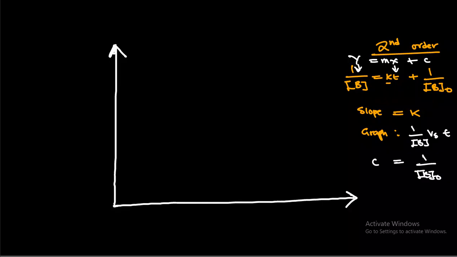So this information, you just say that since this is the y-axis, this is the x-axis. So in the x-axis, what are we going to have? We're going to have time in minutes. Then what are we going to have here? It is 1 over the concentration of the reactant, which is in molar.